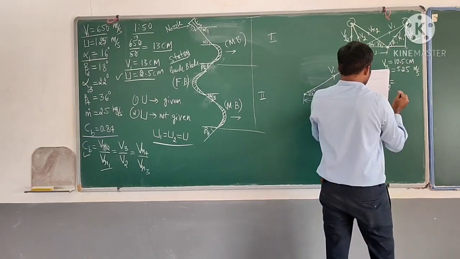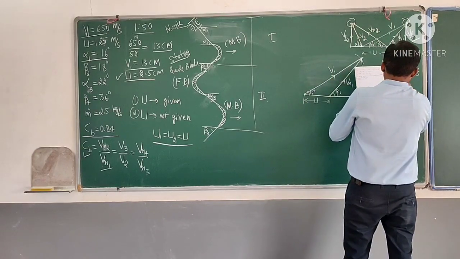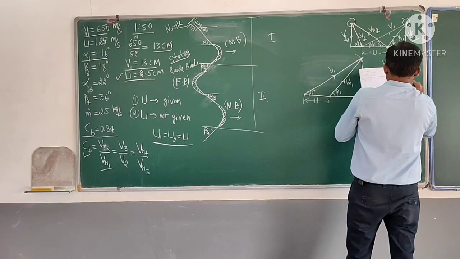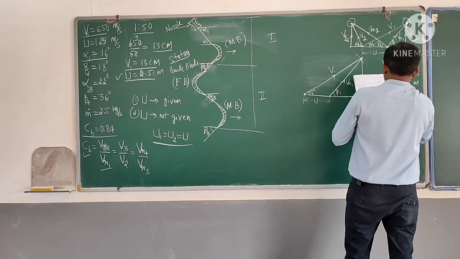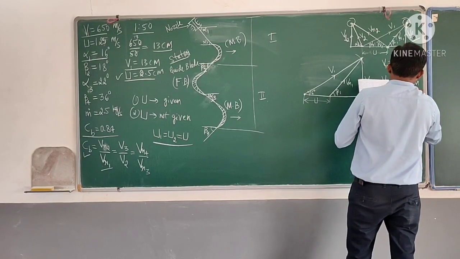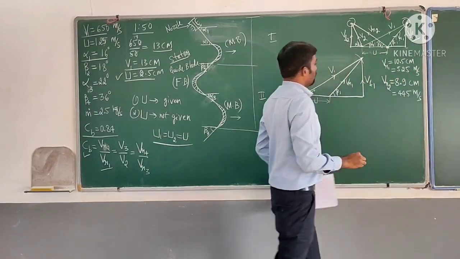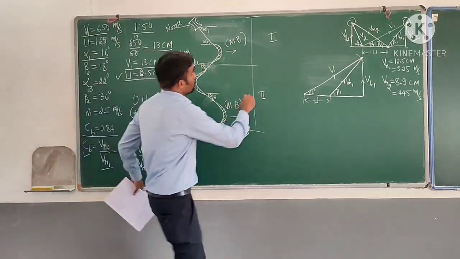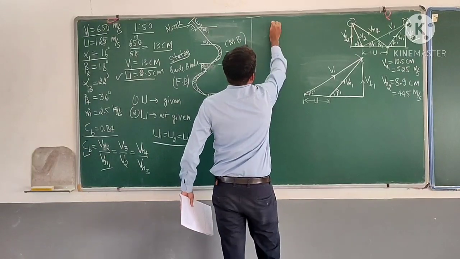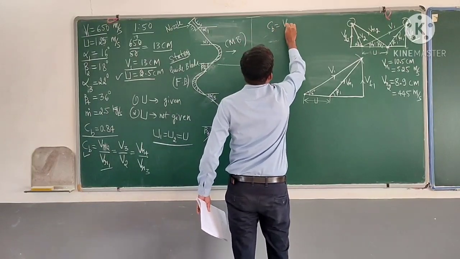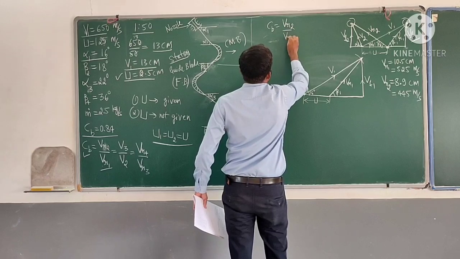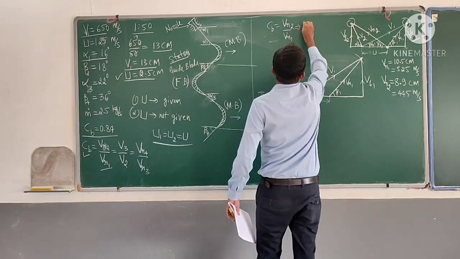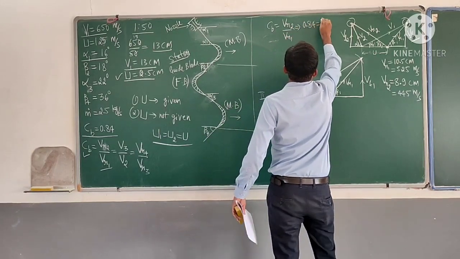VR2 is 8.9 centimeters, or it is 445 meters per second. I hope you understood how we have done this. I can demonstrate. CV is VR2 by VR1. I know the value of CV is 0.84.